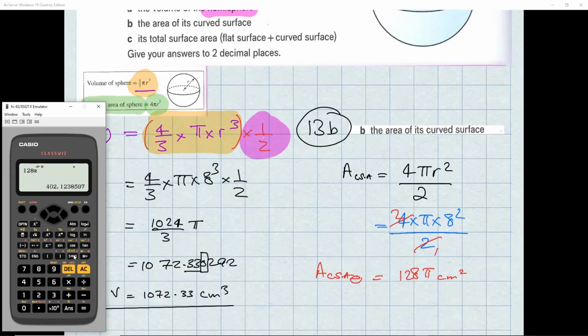So we got 402.1238597. And now I'm going to write it to 2 decimal places. 1, 2. I'm going to look at the 3. So 402.12 centimeters squared. Lovely.